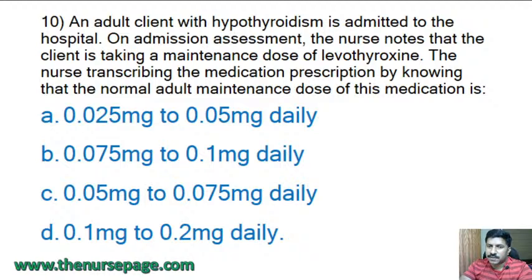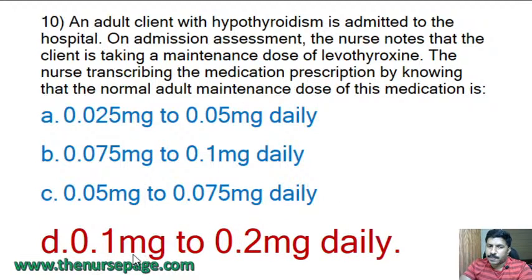So the maintenance dose of levothyroxine is usually 0.1 milligram to 0.2 milligram daily. That means in micrograms, 100 micrograms to 200 micrograms daily. That is the maintenance dose of levothyroxine.